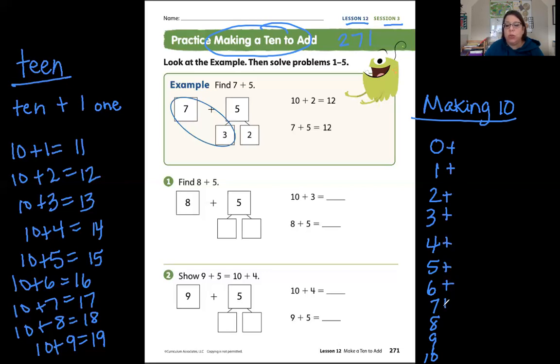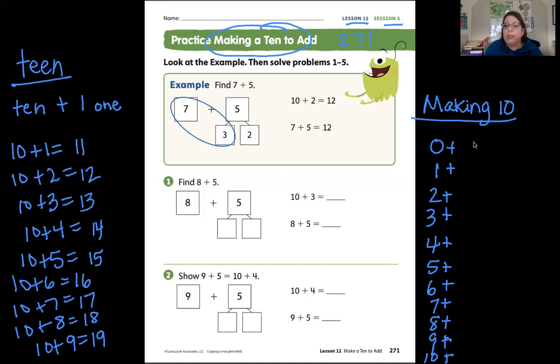It is so important that you understand this at this level so that when you are in your teens, your 20s, your 30s, your hundreds, your thousands, your 10,000s, your 100,000s, that you can add numbers like this. If you can make a 10, you can add easier with the higher numbers. That is why this is so important right now.